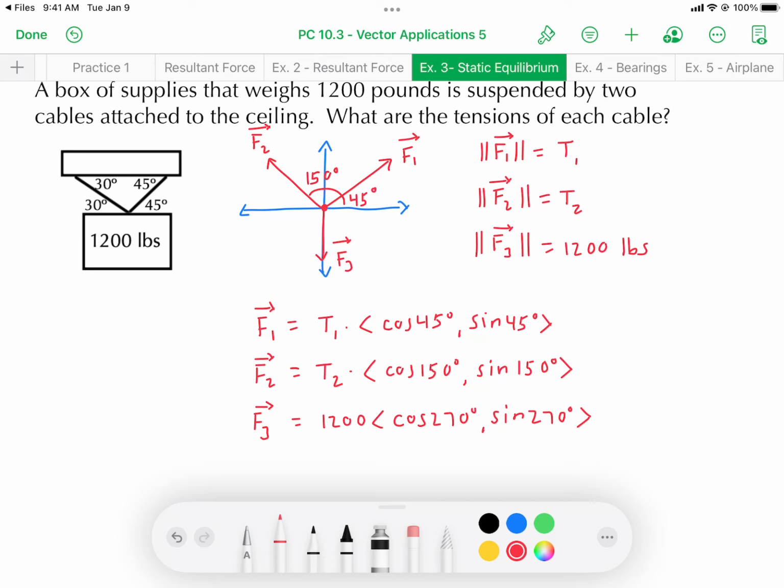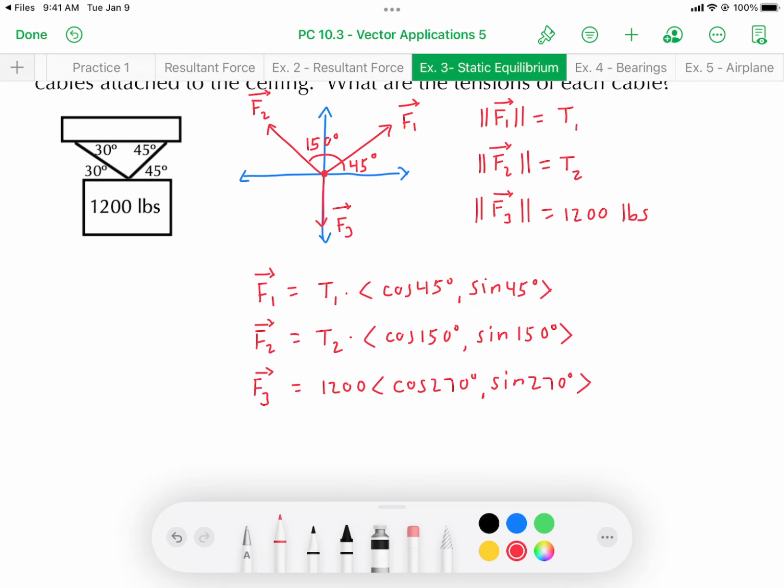Now, the one angle that's not going to change from example to example is the 270, so I will simplify that. I know cosine of 270 is 0, and sine of 270 is -1. So I distribute the 1,200 through here, and I can say that F sub 3 has a horizontal component of 0 and a vertical component of -1,200.